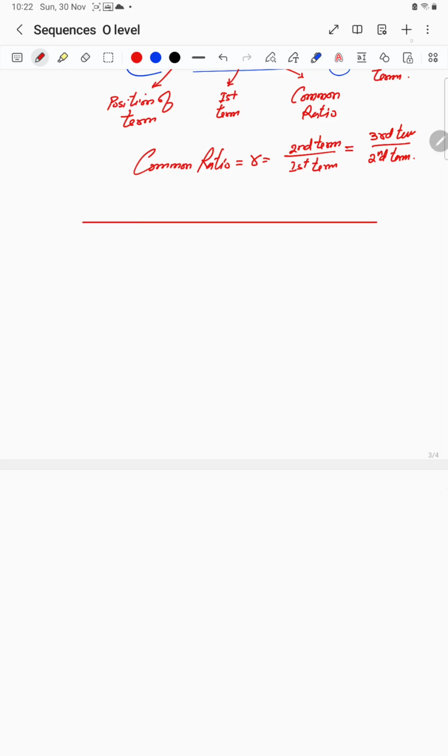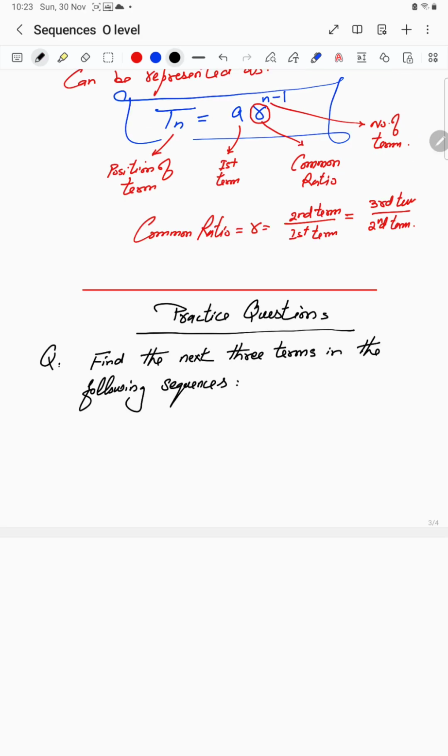Now let's do some examples to practice more on these. Okay, guys, now the practice questions based on the discussion we made. Number one: find the next three terms in the following sequences. Let's say sequence number one is 5, 7, 9, 11, and 13.